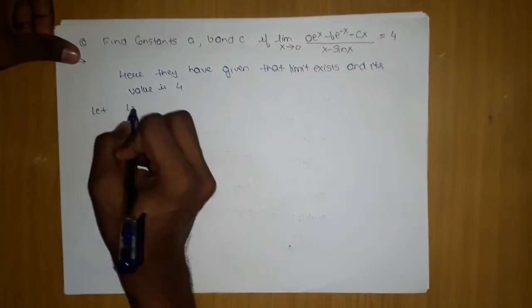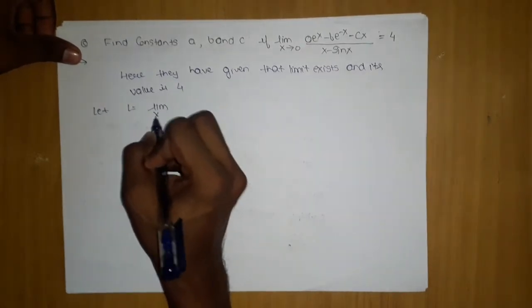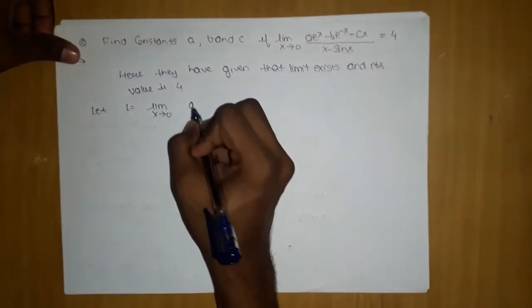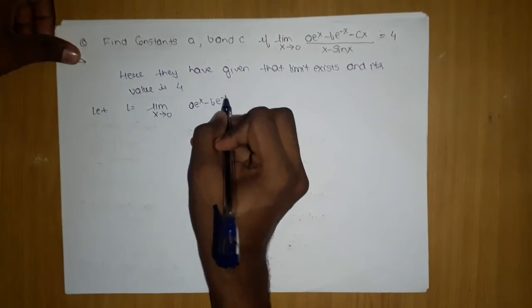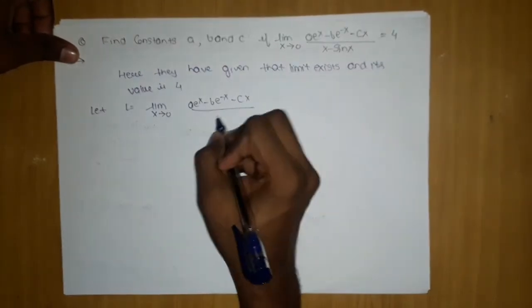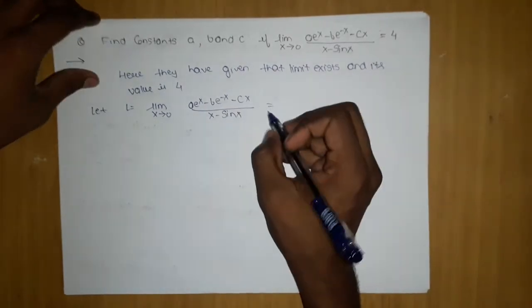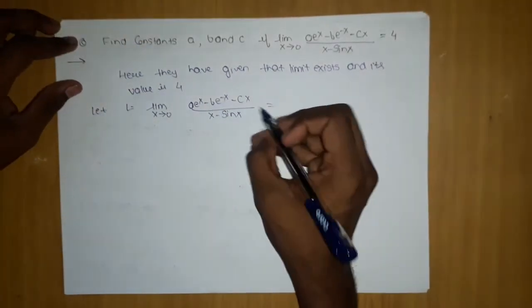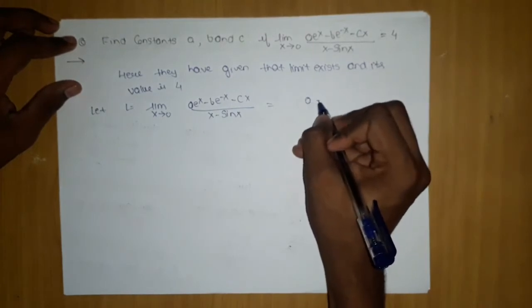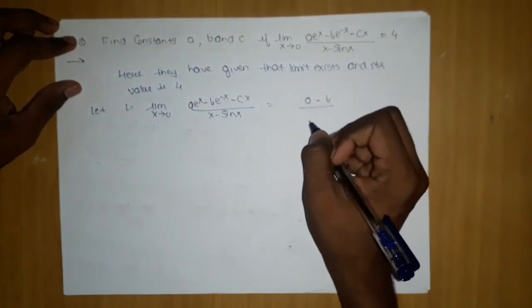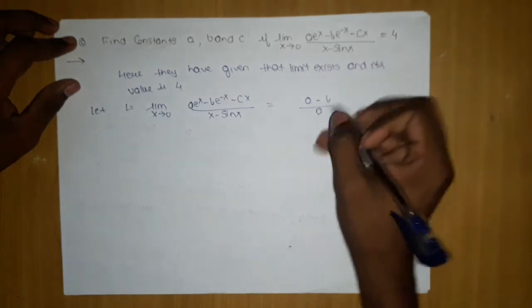Let L equal the limit as x tends to 0 of (a e^x minus b e^(-x) minus cx) divided by (x minus sin x). If I substitute the value, the numerator becomes a minus b, so I have (a minus b) upon 0.